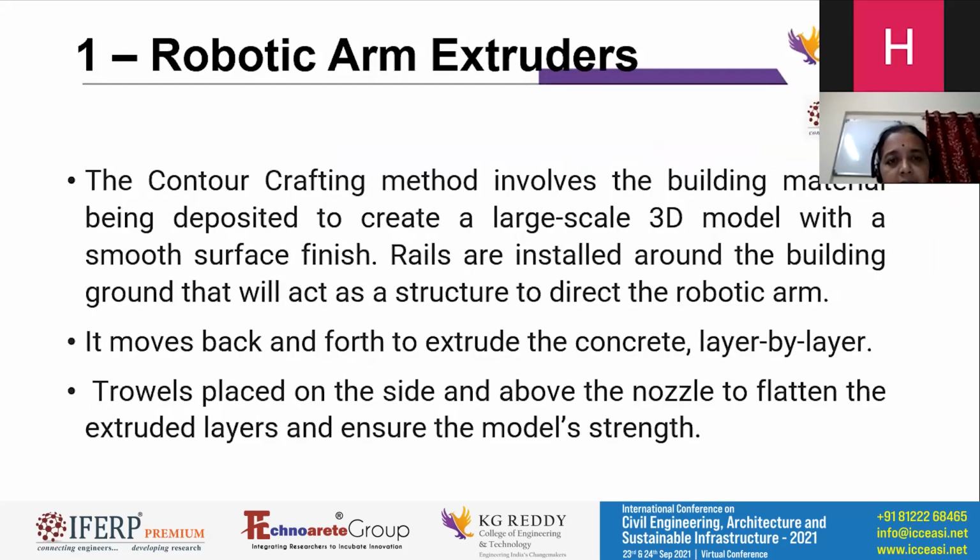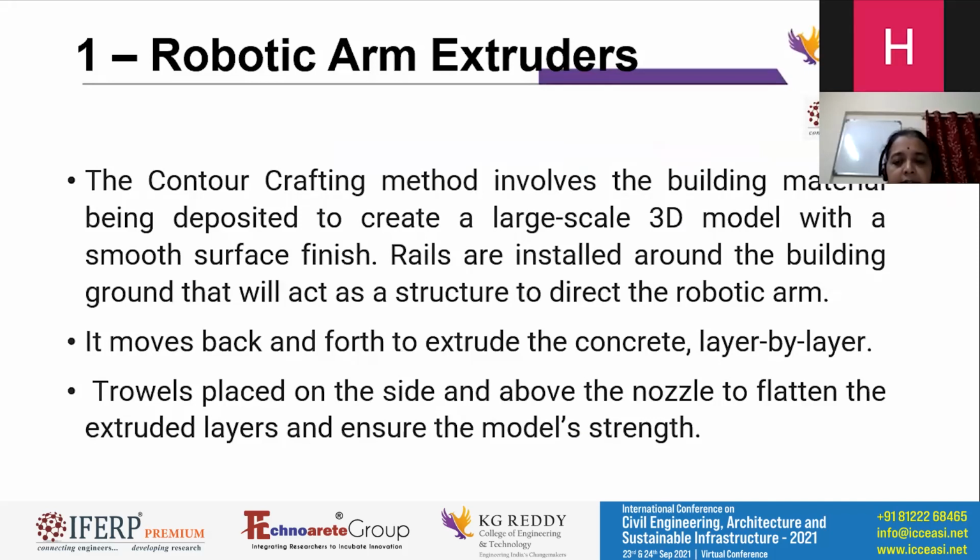There are three different methods used for 3D printing in civil engineering. The first one is the robotic arm extruders. The contour crafting method involves building material being deposited to create a large-scale 3D model with a very smooth surface finish.